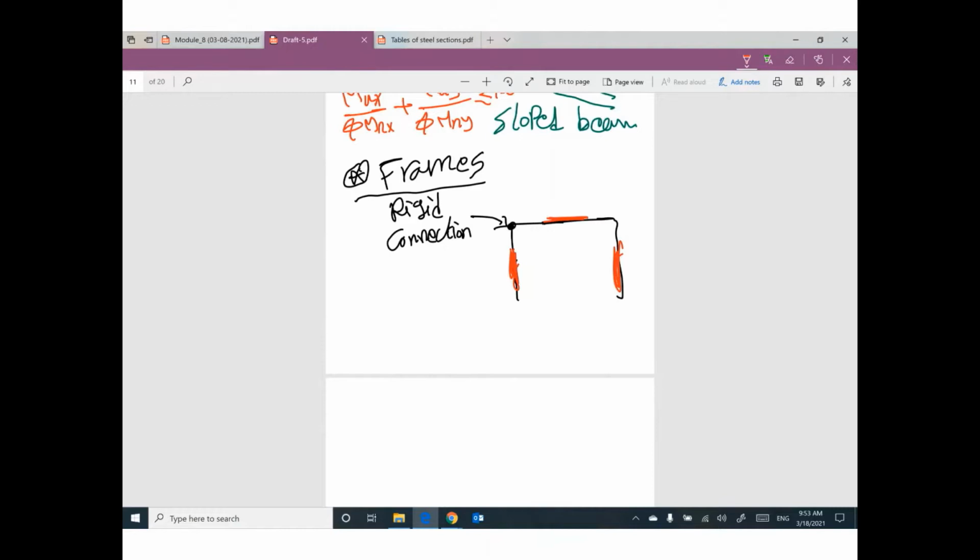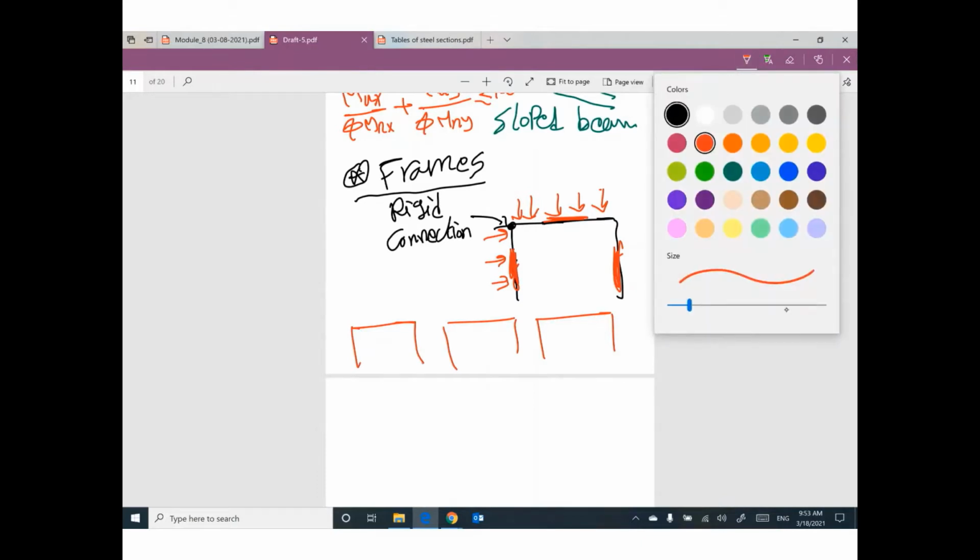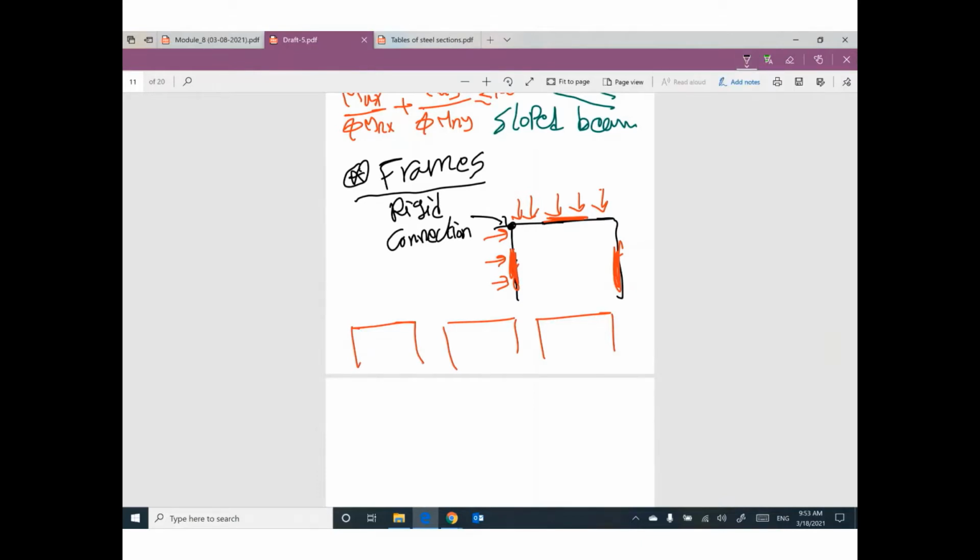So we have frame. This frame, under the effect of dead load, live load, wind load, snow load, we can expect 3 diagrams. And I believe you learned how to draw this diagram during structure analysis. We will not go back to the structure analysis because we have Risa right now can do it.